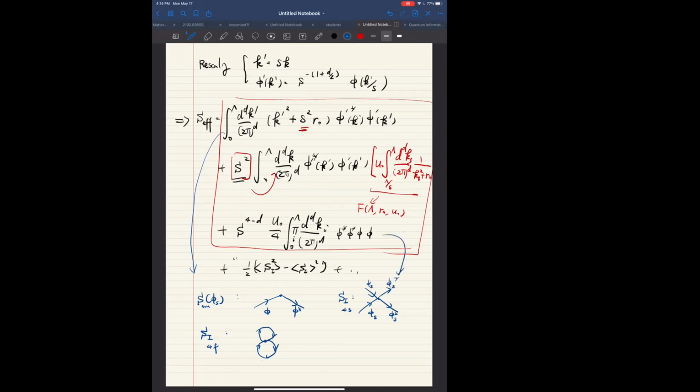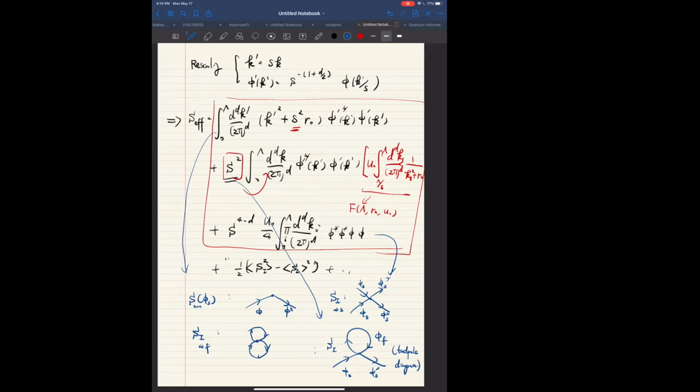And this term is just a constant term, so we already neglected it in the previous one. And this term is something that we drew before. We have slow and fast, right? So that is the Feynman diagram we have. This is the tadpole diagram. Okay, so far so good.